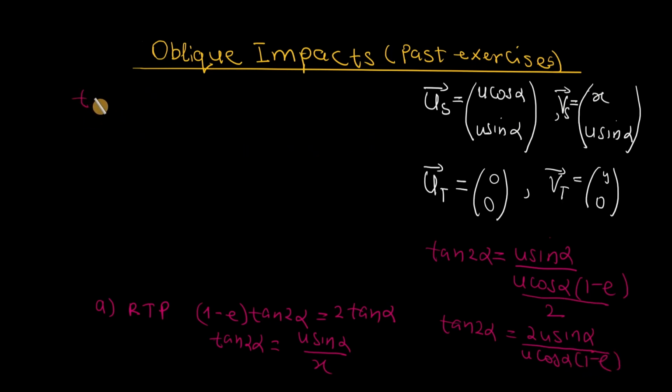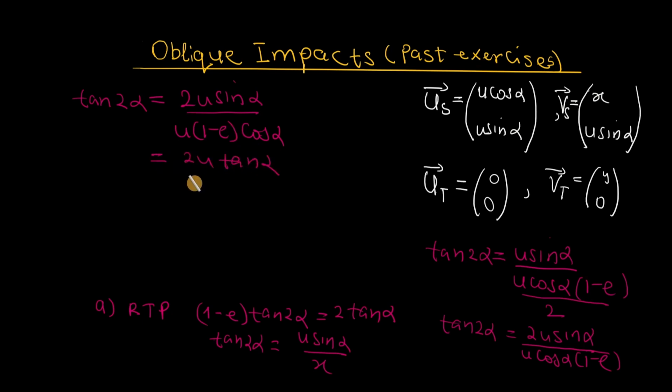That is, tan 2 alpha is equal to 2u sine alpha over u into 1 minus e cos alpha. Sine alpha over cos alpha is the same as tan alpha, which is the same as 2u tan alpha all over u into 1 minus e.